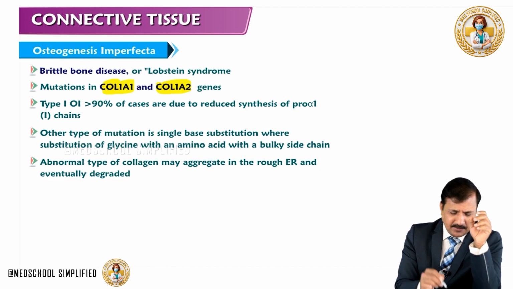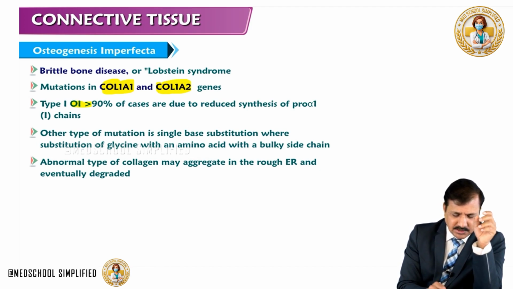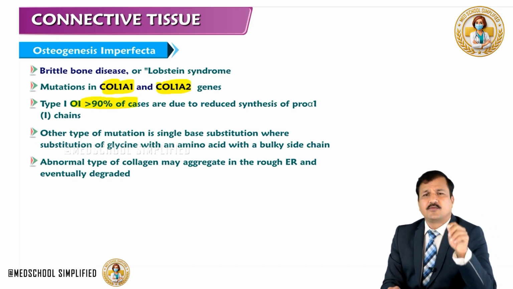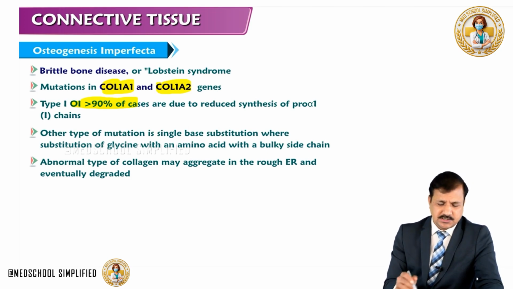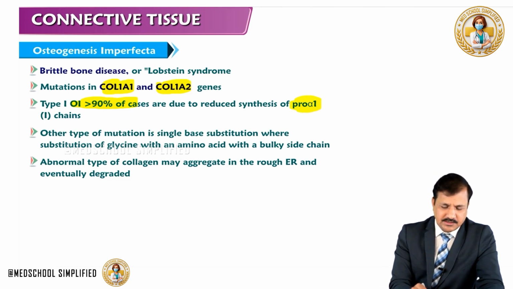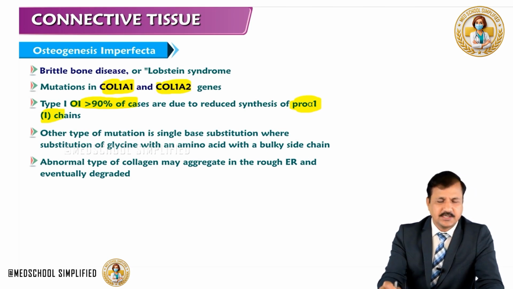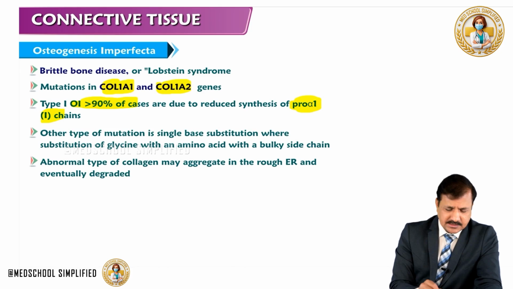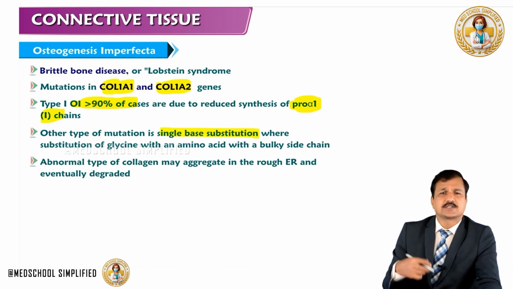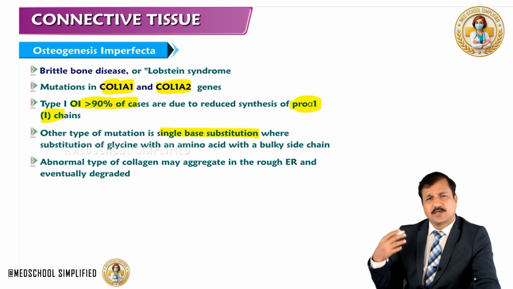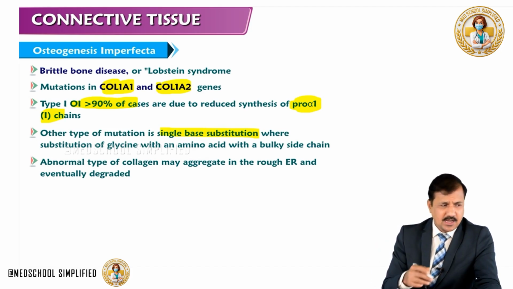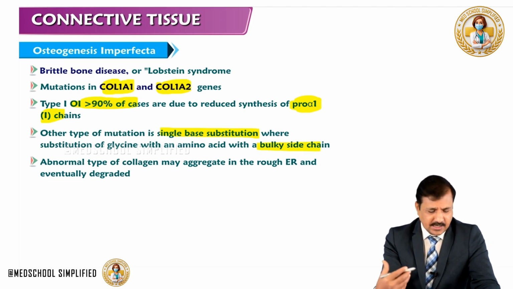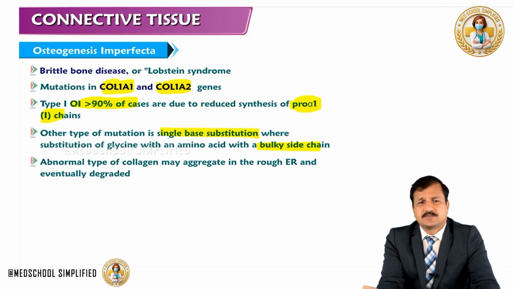The types of mutation found in this disorder can be of different types. In more than 90% of type 1 osteogenesis imperfecta patients, there will be reduced synthesis of the pro-alpha 1 chain of the type 1 collagen molecule. Other types of mutations seen are single base substitutions, where glycine, which appears in every third position, is replaced by a bulkier side chain amino acid like tyrosine, tryptophan, something like that.